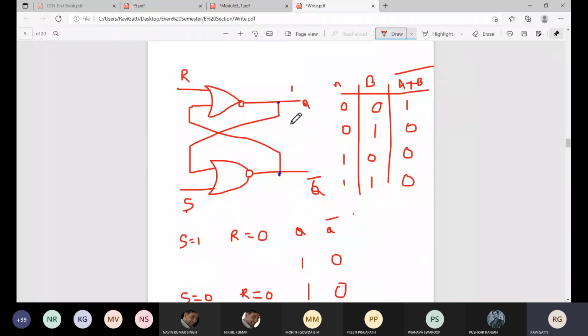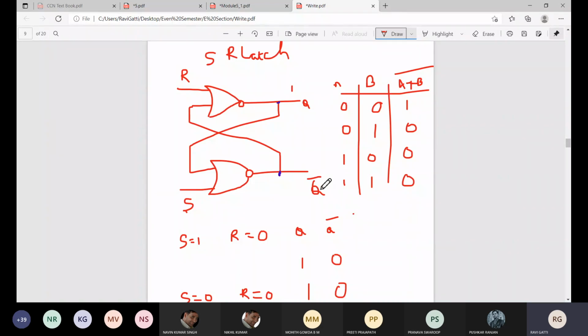You can see the given circuit diagram, which we call an SR latch. It has two inputs, one called S and one called R, and it has two outputs, one called Q and one called Q bar.